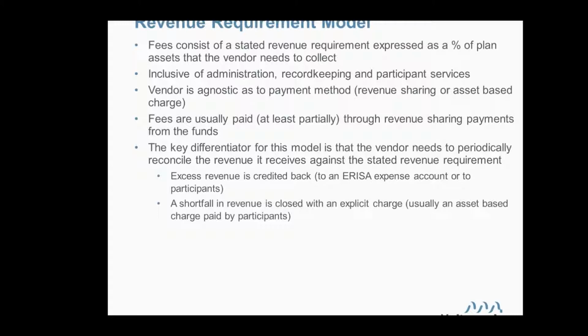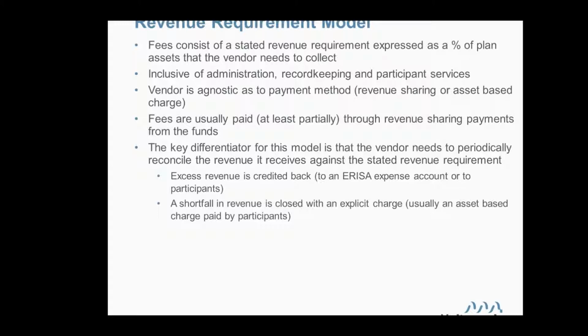Fees are usually paid at least partially through revenue sharing payments. The key differentiator for this model is that the vendor needs to periodically reconcile the revenue it receives against the stated revenue requirement. And if there's a shortfall, they may come asking for a check. Excess revenue, should there be any, so how do you get excess revenue?